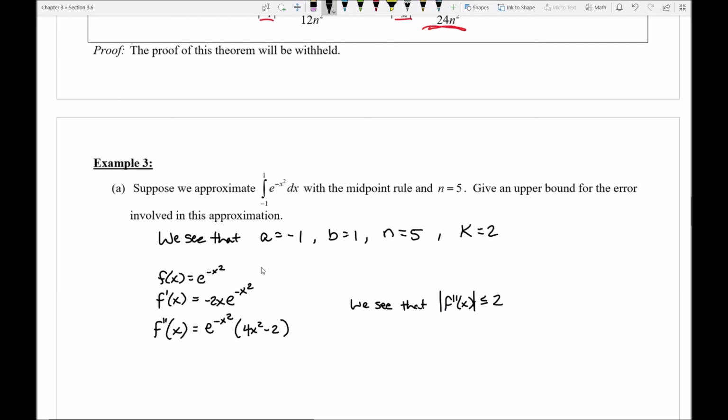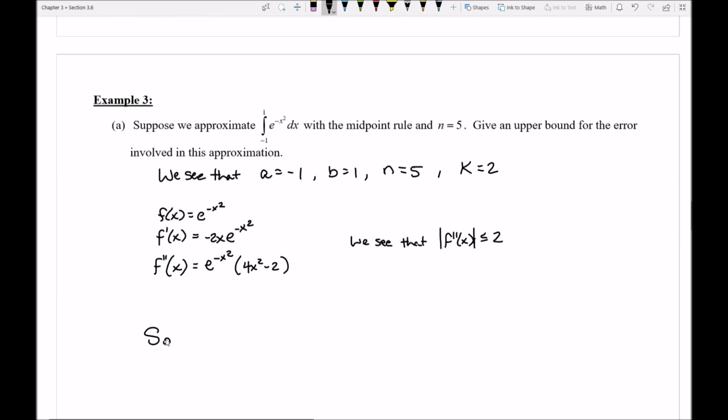Now with all of these values found, I can easily state that the error that's going to happen with my midpoint rule, when absolute valued, is automatically going to be the same size as or smaller than the following. Remember how that formula was set up?